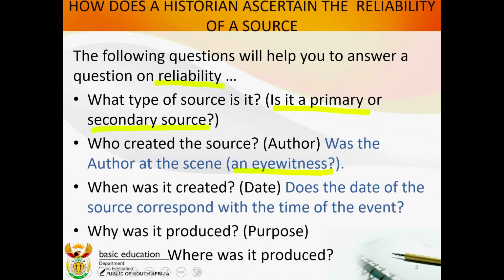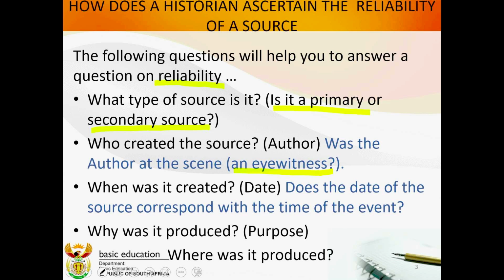Then, if you are given a source, comment on the reliability of the source when you are dealing with the successes of the TRC Amnesty Committee. Therefore, a learner is expected to say, this source is reliable because it is from Bishop Tutu. Bishop Tutu was there during the formation of the TRC.